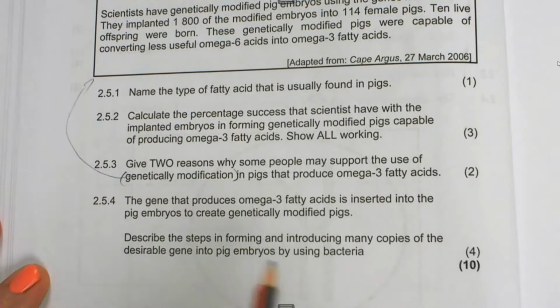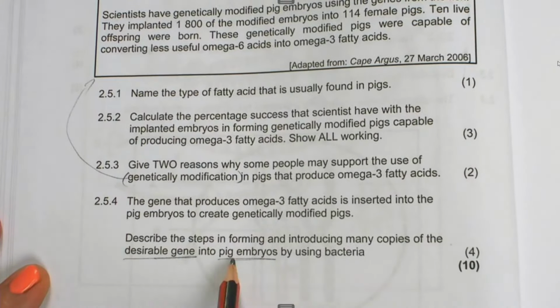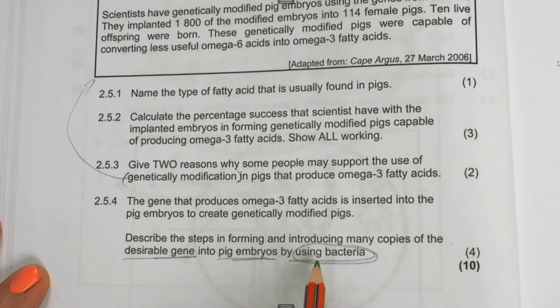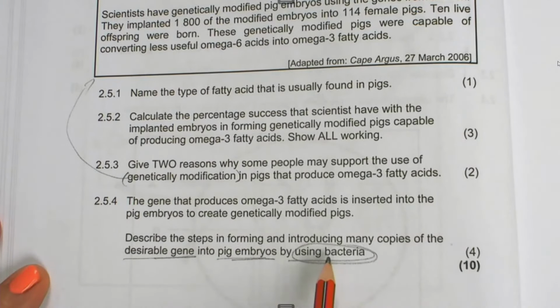And then describe the steps in forming and introducing many copies of this desirable gene into pig embryos by using bacteria. So now we must take the general way of genetic engineering.